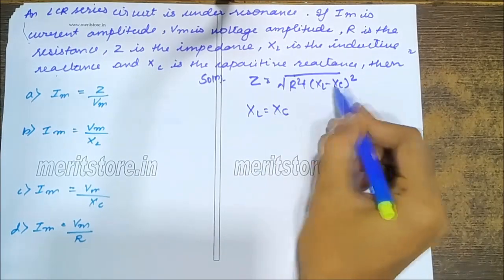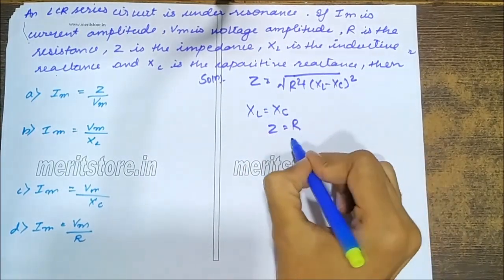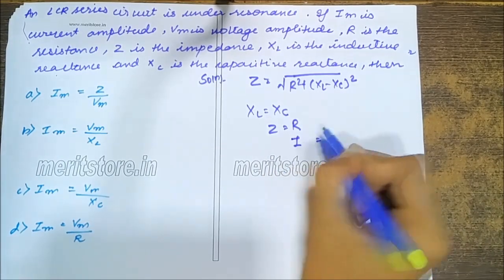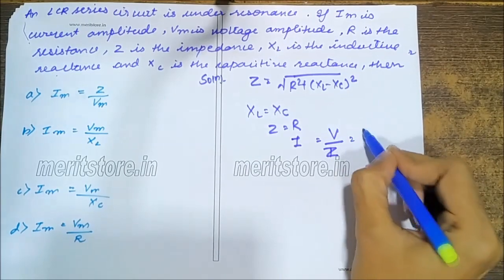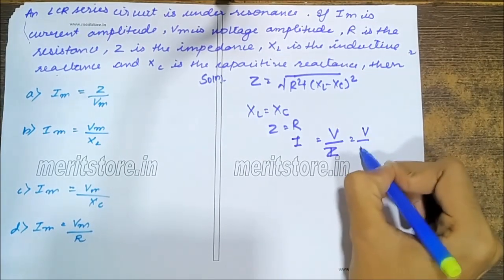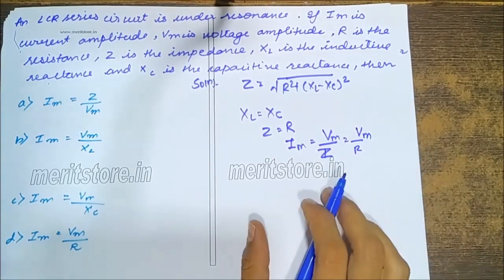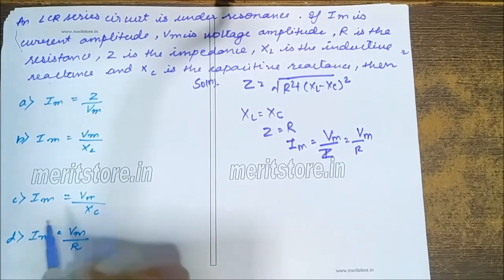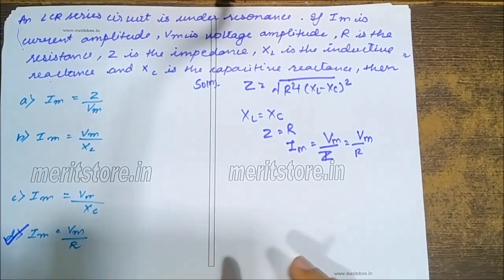As a result, Z becomes equal to R. So the current I will be equal to V upon Z, that is V upon R. So Im equals Vm upon R. So your equation is Im equals Vm upon R. D is the correct option.